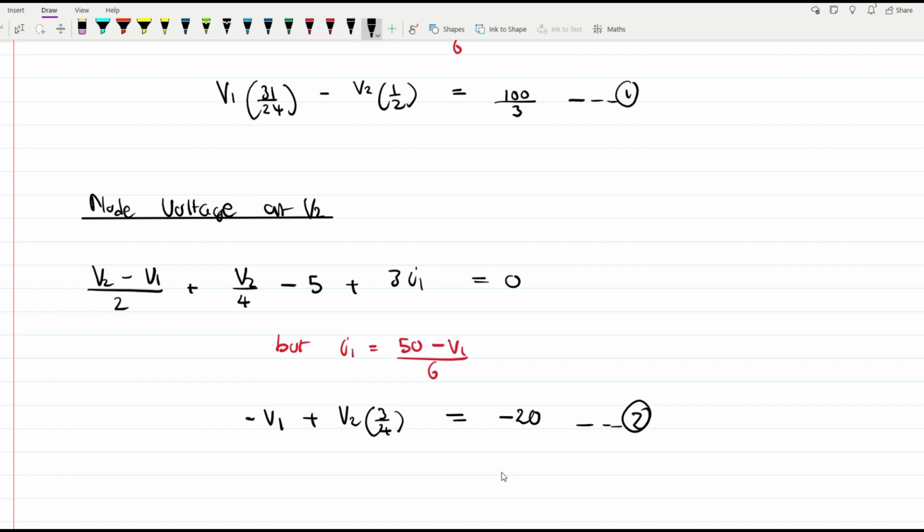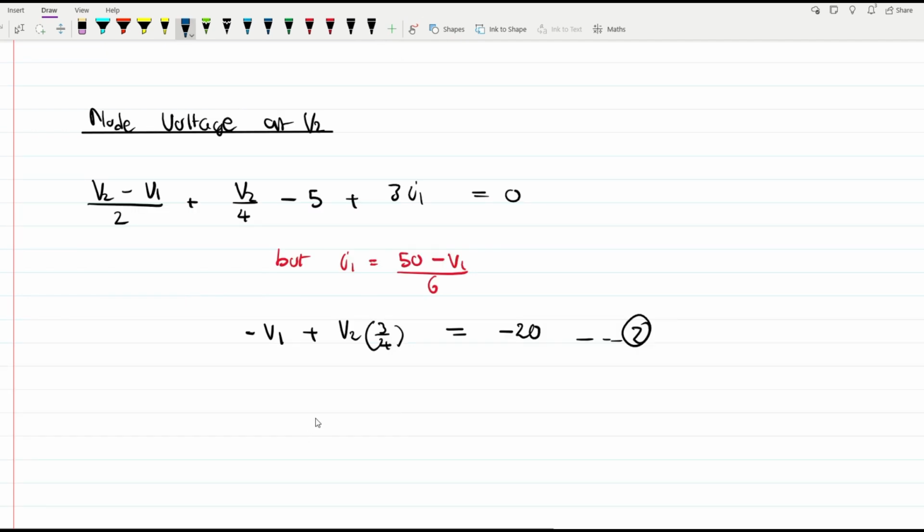So now you can solve these equations simultaneously, or simply just put it into your calculator and get the voltages V1 and V2 just to save time. And now you should get V1 is equal to 32 volts and V2 is equal to 16 volts.